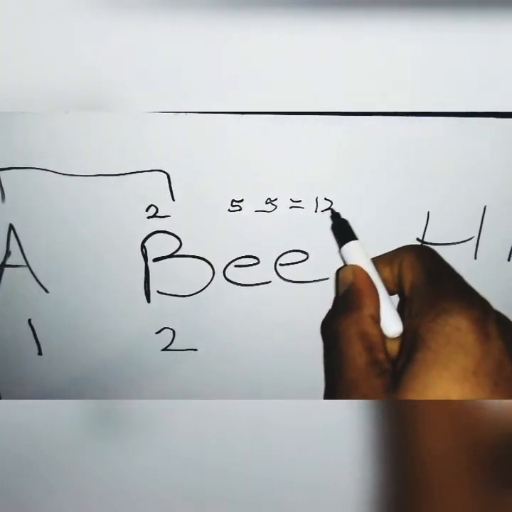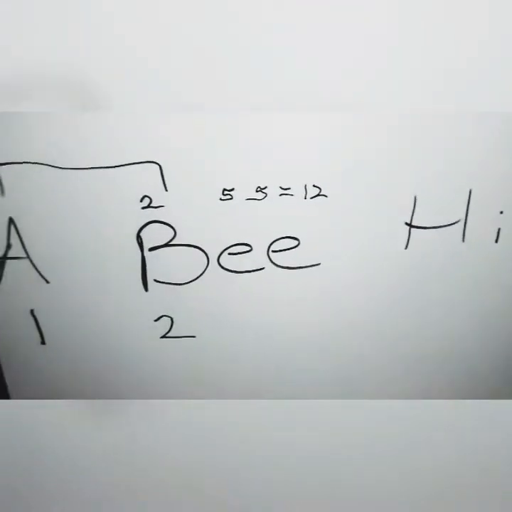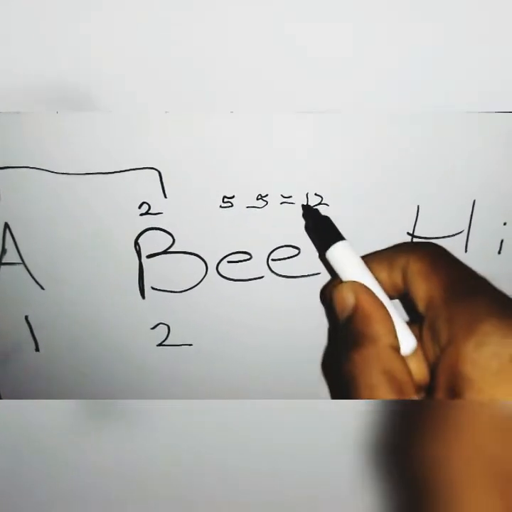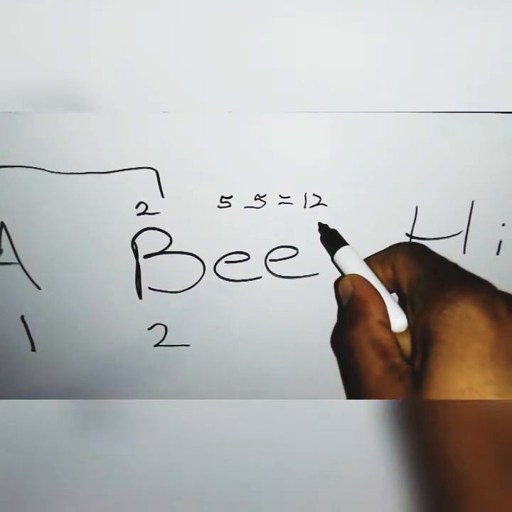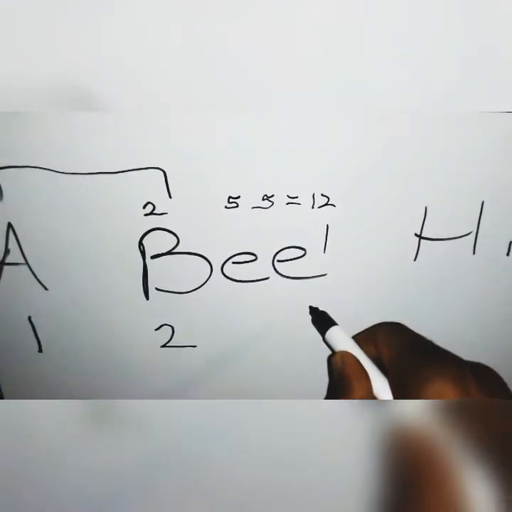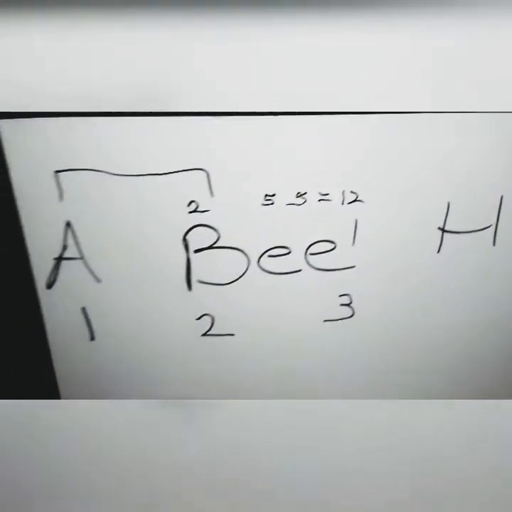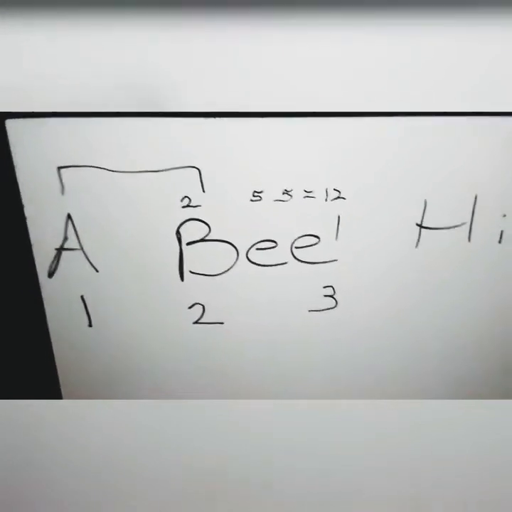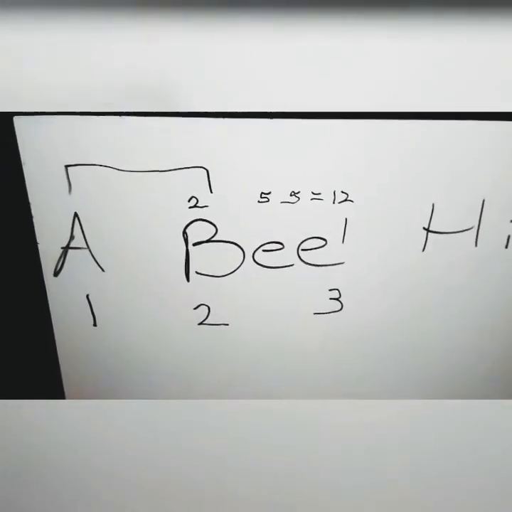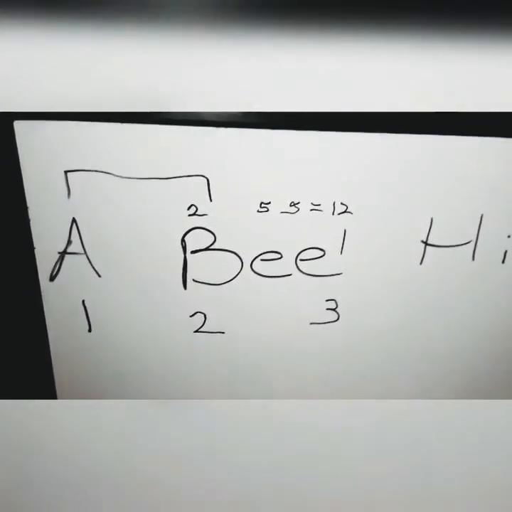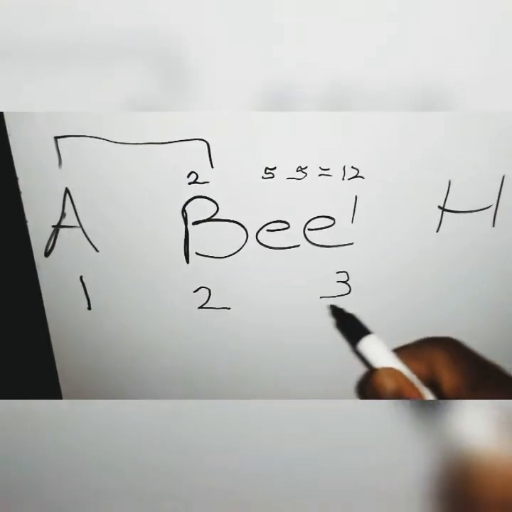That's 12. But 1 plus 2 is 3. So even in a B, you have 1, 2, 3.